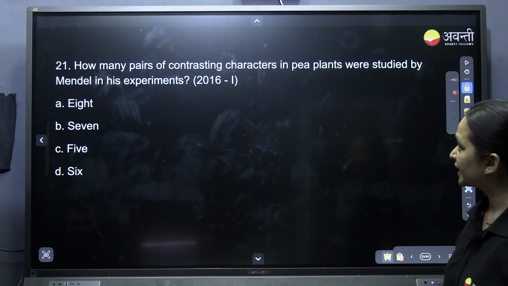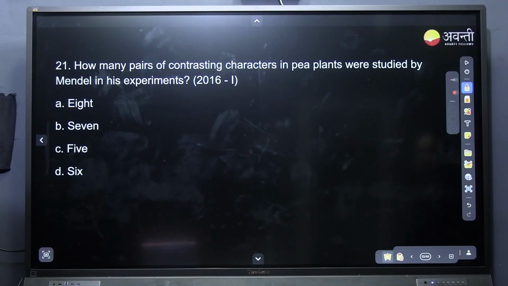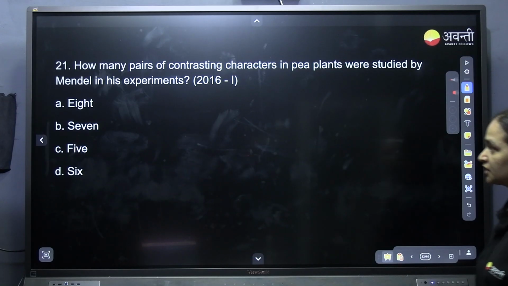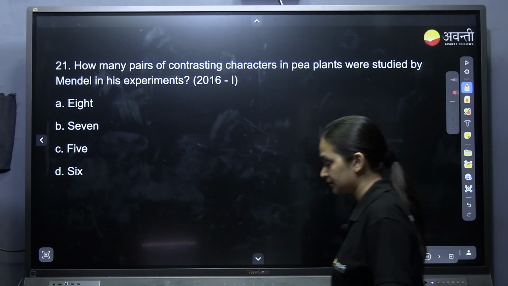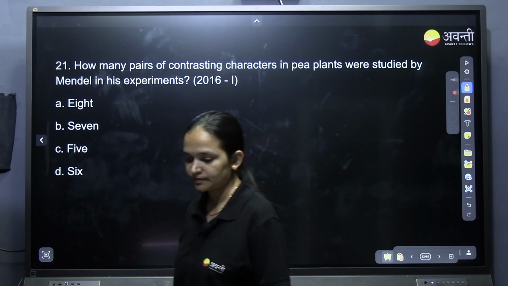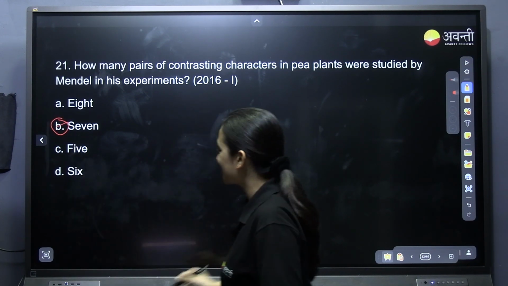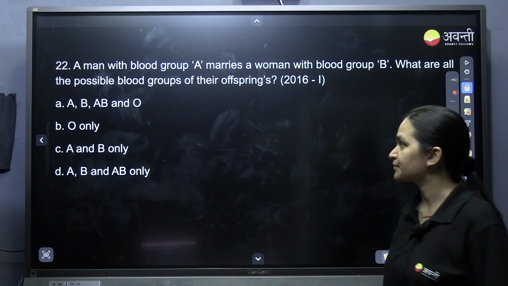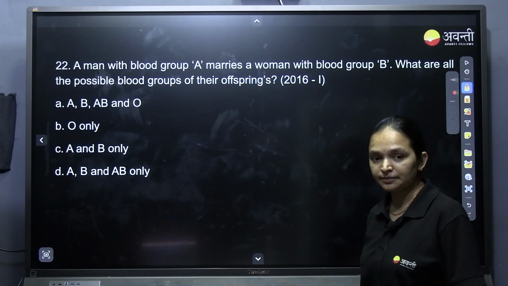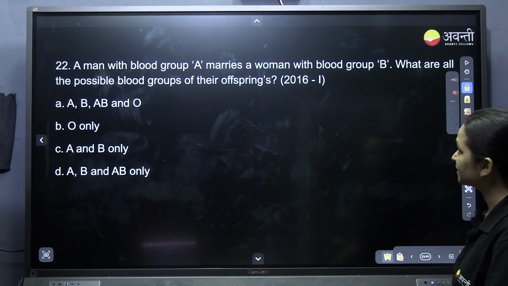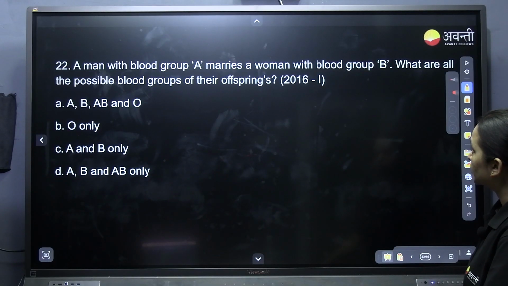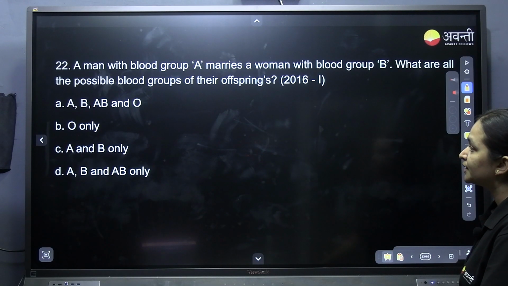How many pairs of contrasting characters in the pea plant were studied by Mendel in his experiment? Repeated question. 7. Very good. A man with blood group A marries a woman with blood group B. What are all the possible blood groups of their offspring?